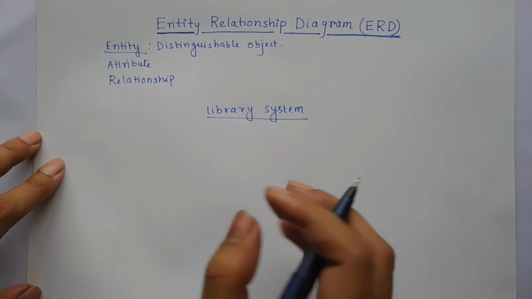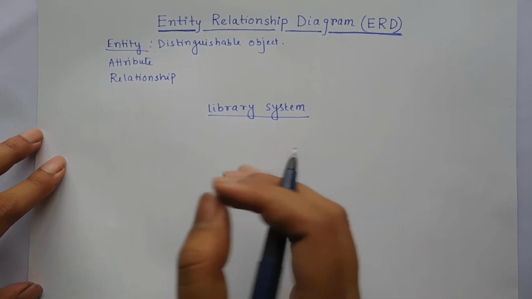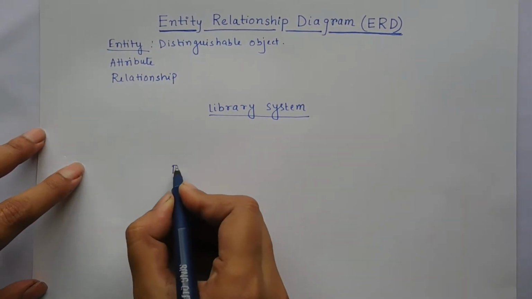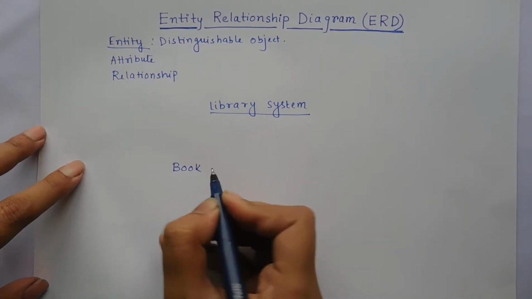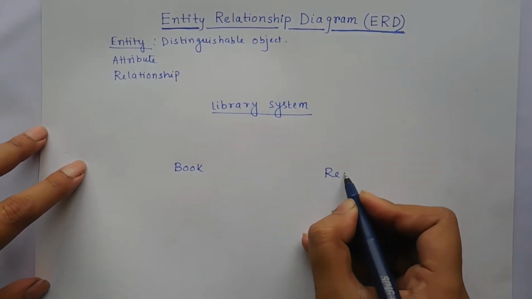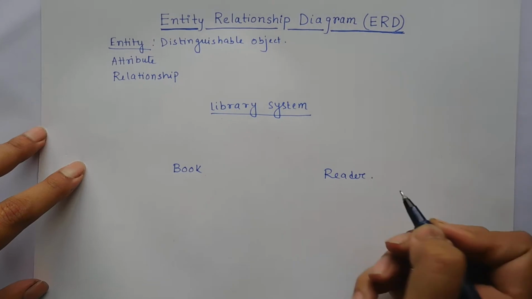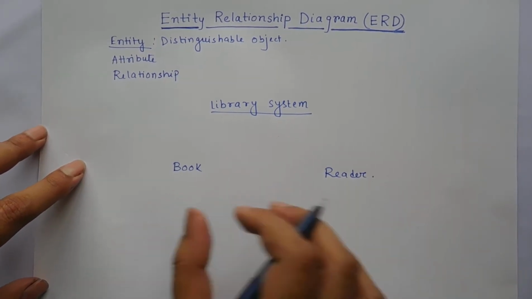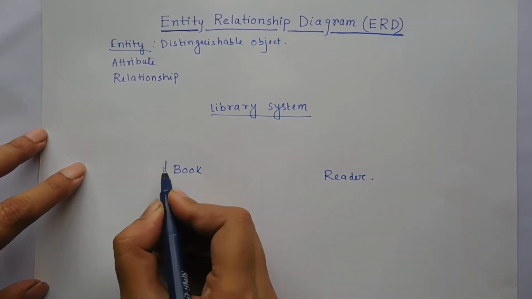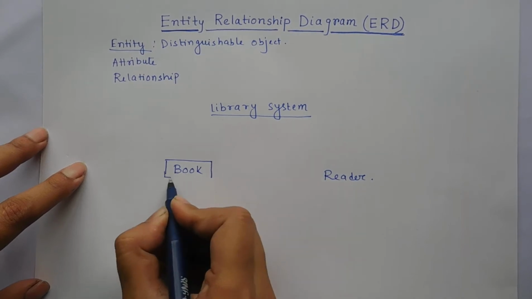So what is the distinguishable item in a library system? Suppose books, or we can say the reader who reads the books. So these are the entities, and we represent the entity in a rectangle.